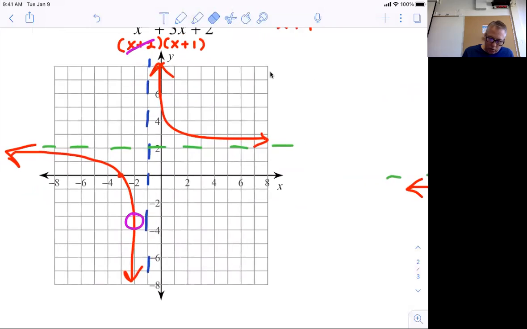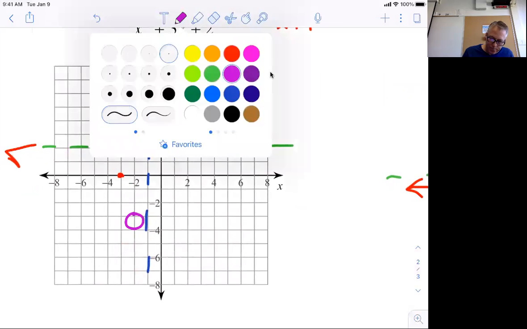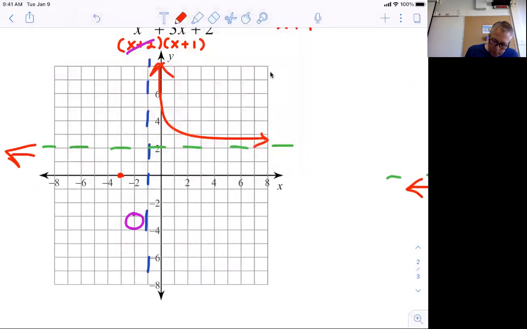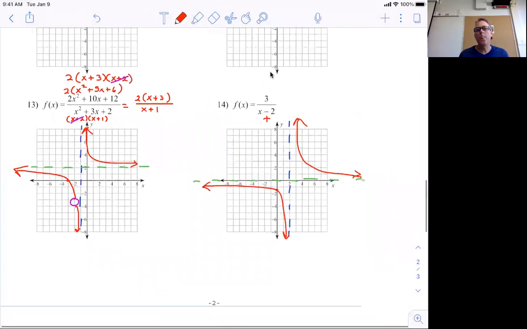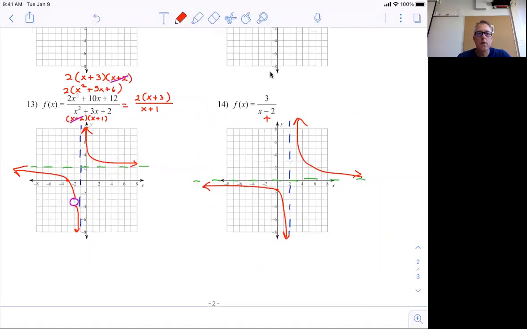So I'm actually going to redraw that. It is going to approach that green, come down through our x-intercept, but then it has a hole there where x is at -2 and continues to go down. So that would be the graph of our function.